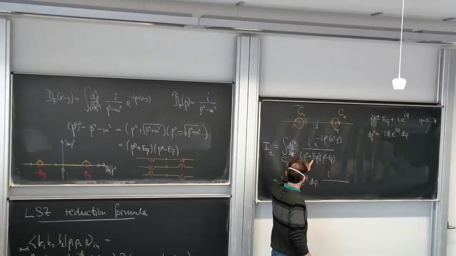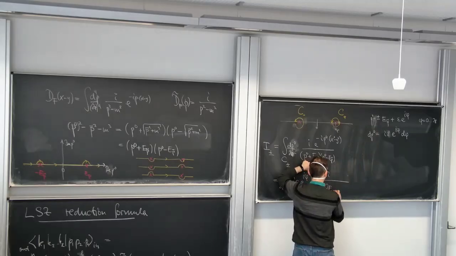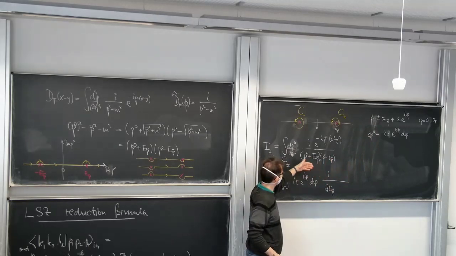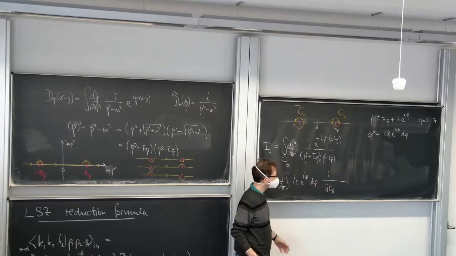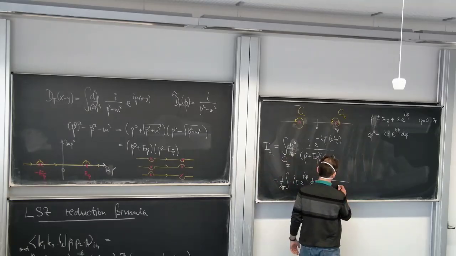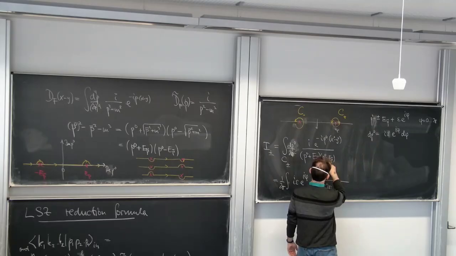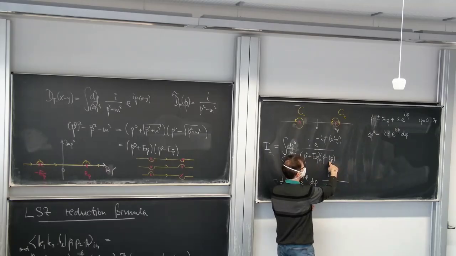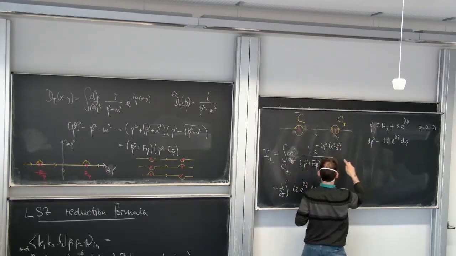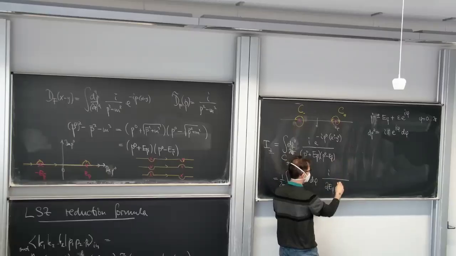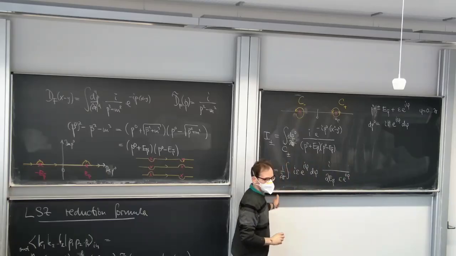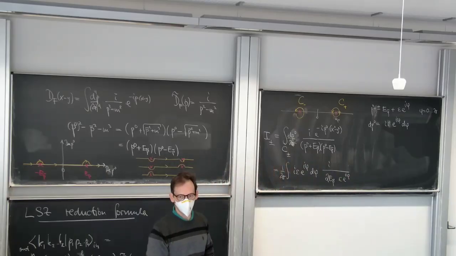Then I get here just 2 EP plus something with epsilon, but epsilon I will set to 0, so I don't need to bother writing it because it's a finite thing. And then it comes minus minus EP. So EP minus EP is nothing, so I have to keep the next term, and the next term is epsilon e to the i phi. That's for the right pole.